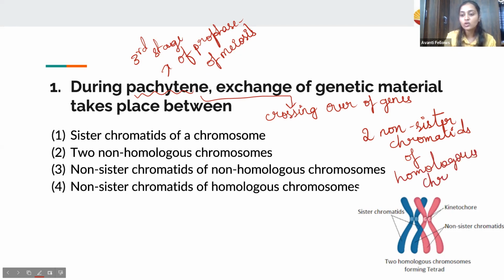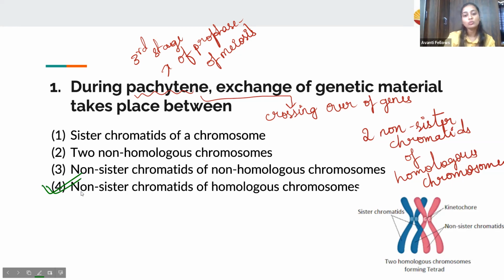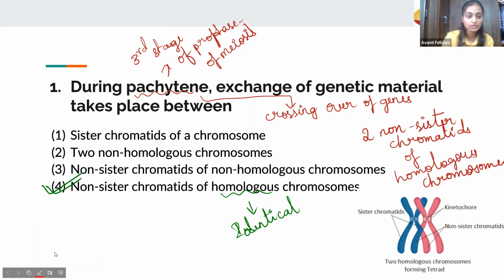So the right option is option number 4. That is, the exchange of genetic material takes place between non-sister chromatids of homologous chromosomes, where homologous means identical. Correct? So the right option is option number 4. Let's move on to the next question.